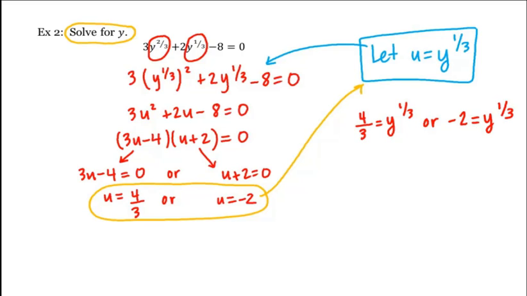And now we can cube both sides. So when we do that, we get y to the 1/3 cubed is equal to 4/3 cubed. Or y is equal to 4 cubed, which is 64, divided by 3 cubed, which is 27.